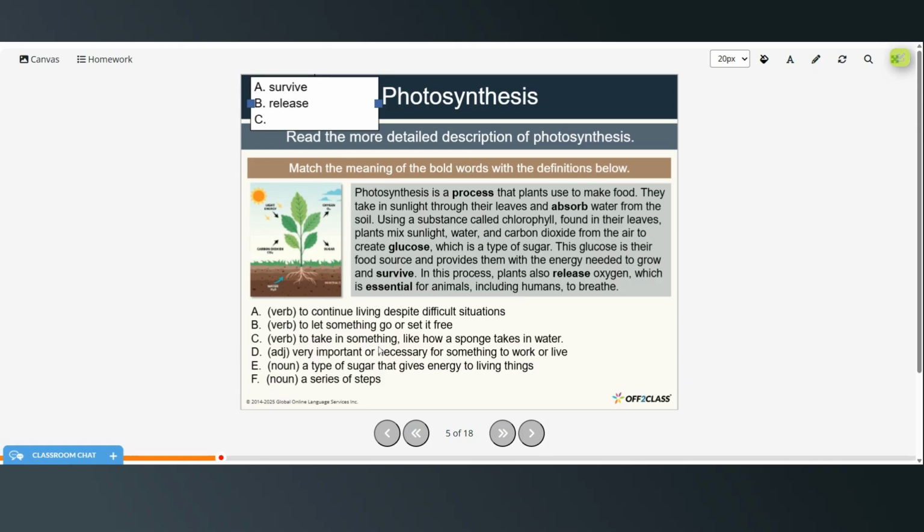Okay, to take in something, like how a sponge takes in water, that is absorb. Very important or necessary for something to work or live, essential. A type of sugar that gives energy to living things, glucose. And a series of steps is a process.